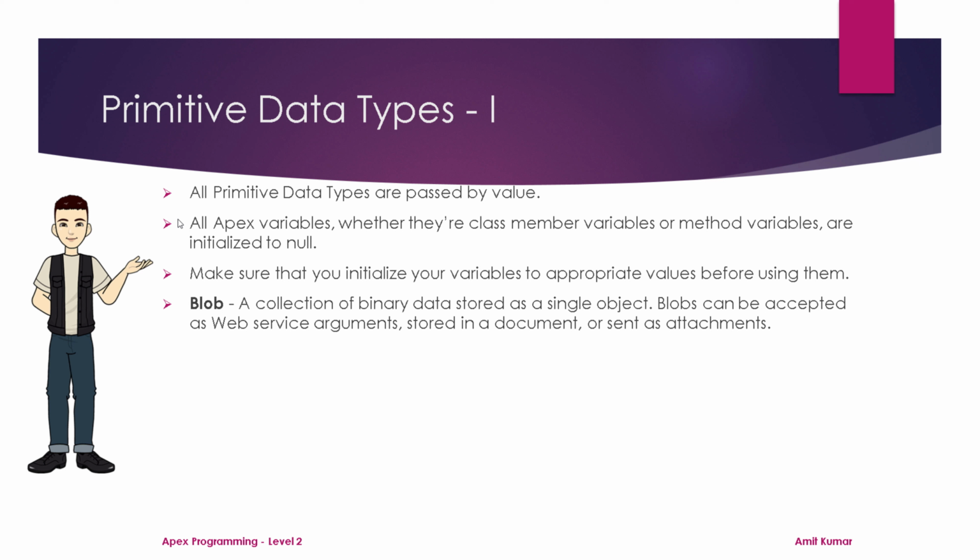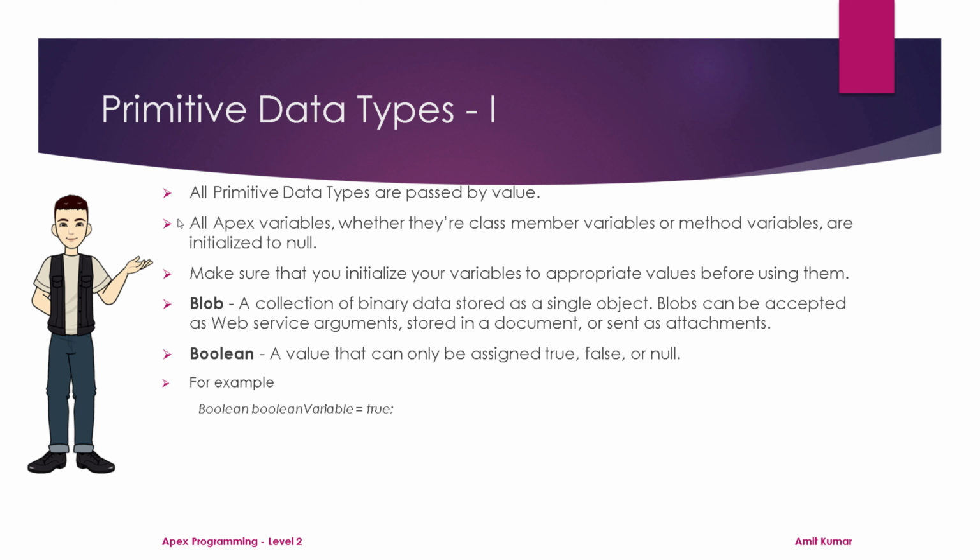So that's why we are not dealing with Blob right now. The second primitive type is Boolean. Now a Boolean is a value that can only be assigned true, false or null. So we can create a Boolean variable with the help of Boolean data type, and we can assign true, false or null to it. And definitely with the help of system.debug statement, we can print that value.